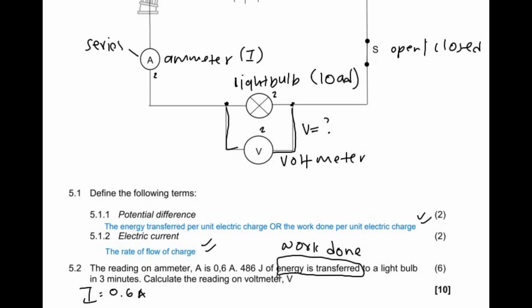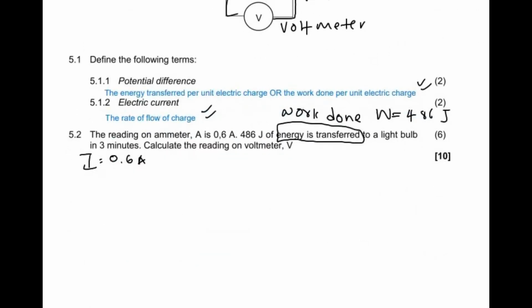Hope that is clear. So it means the work done, represented by W, is 486 joules. Let me write it there at the bottom. So the work done by charges on that light bulb is 486 joules.